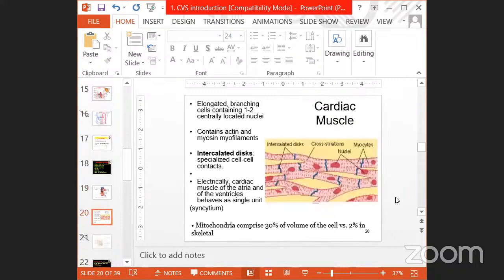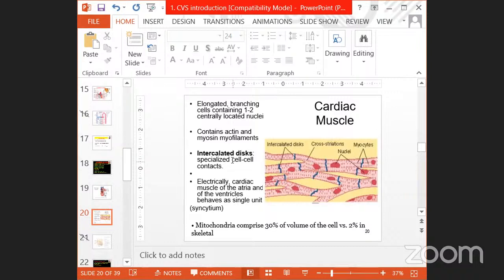Coming to the cardiac muscle. The cardiac muscles are elongated branched cells containing around 1 to 2 centrally located nuclei. They are more like a ribbon. It's not cylindrical. It is more like a ribbon-like structure, which contains actin and myosin myofilaments.